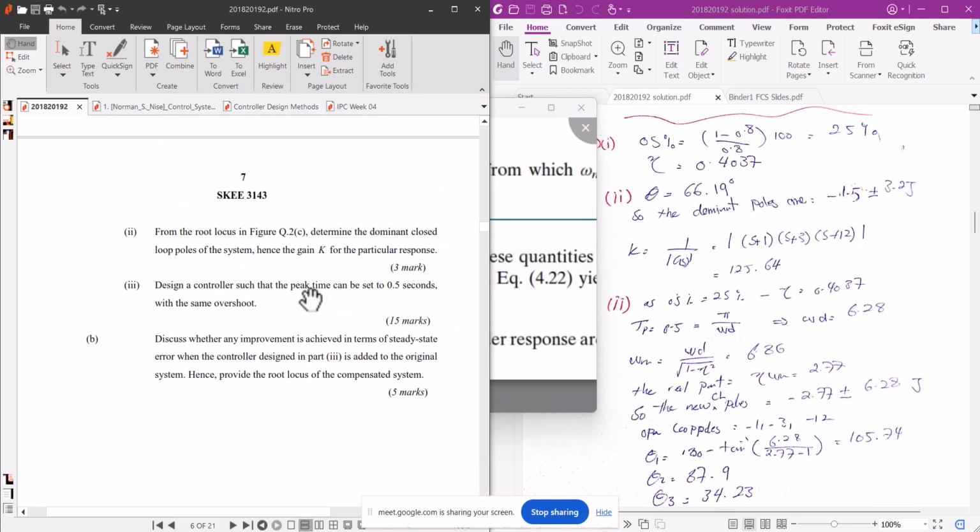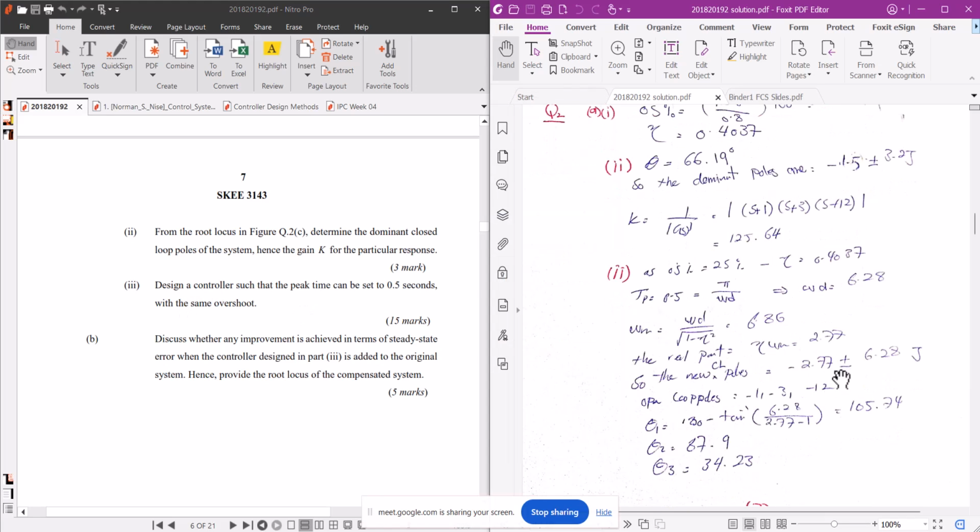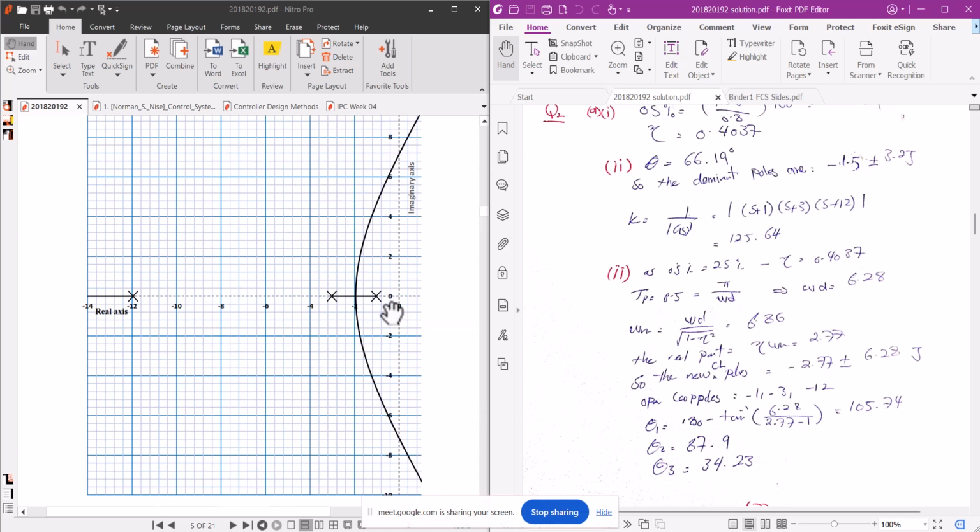Design a controller such that the peak time can be set to 0.5 second. Now you have to move the poles of your system to these points, minus 2.77 plus minus 6.28 j. How can you move your poles to these points? You have to design a controller for this.